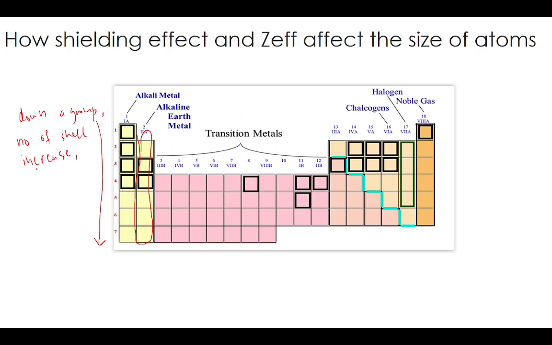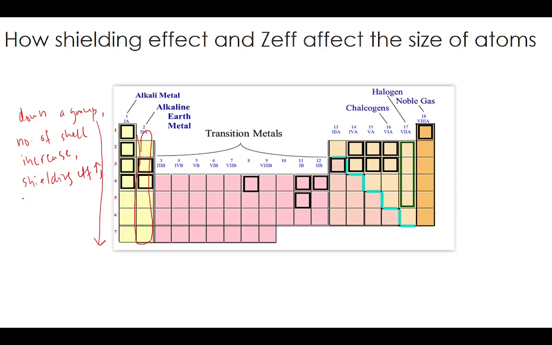What happens when the number of orbits increases? It means the shielding effect increases. After the shielding effect increases, what happens to the attractive forces from the nucleus to the outermost electron?